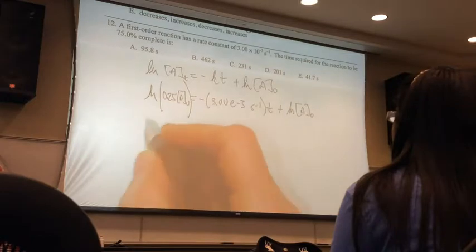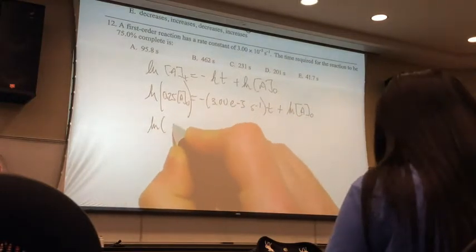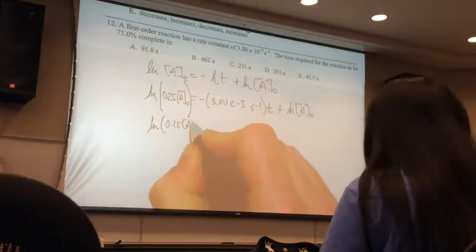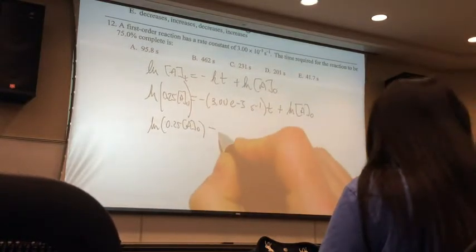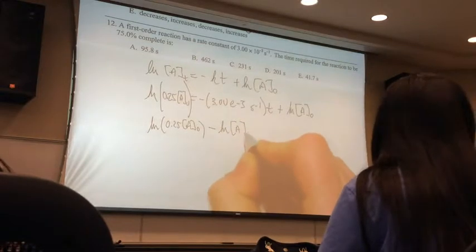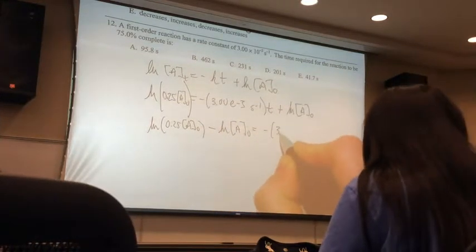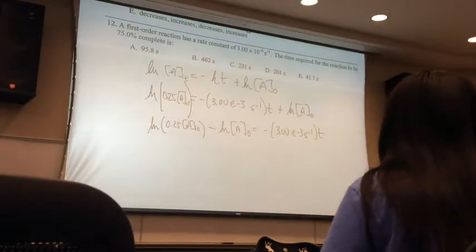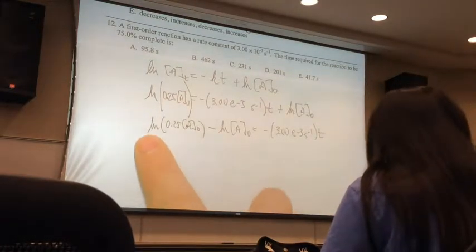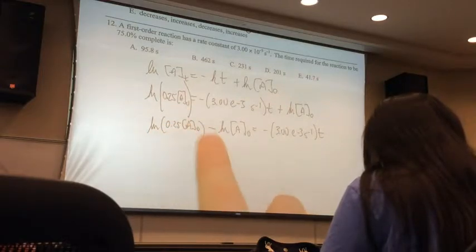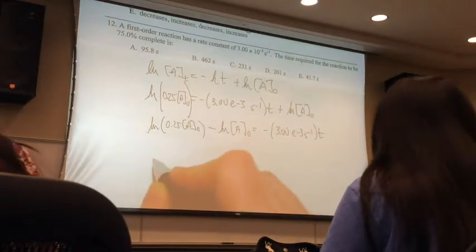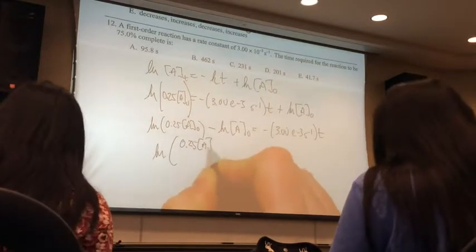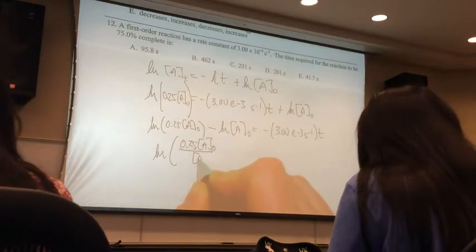So then at this point, you have the natural log of 0.25 A0 minus the natural log of A0 equals negative 3 times 10 to the minus third inverse seconds times t. The natural log of x minus the natural log of y is the natural log of x divided by y.